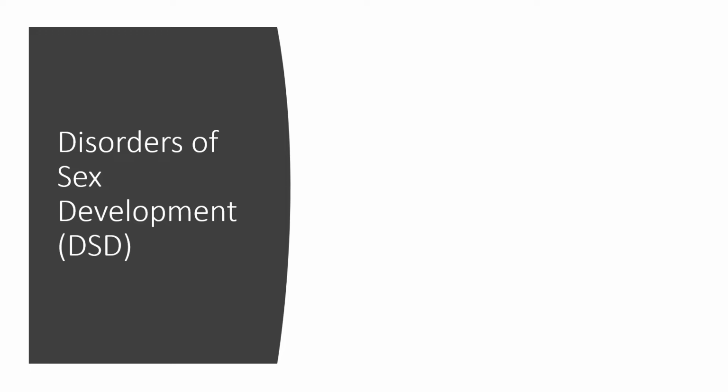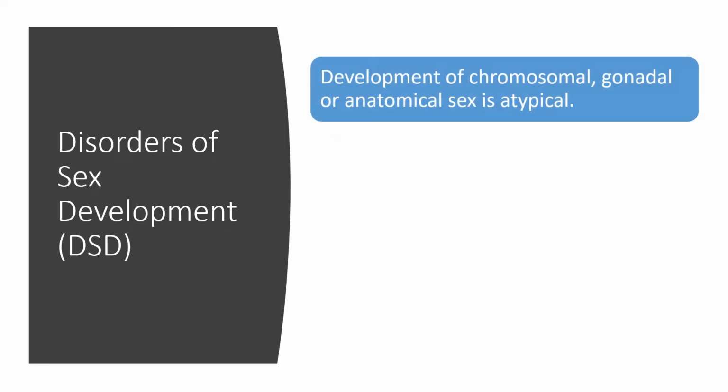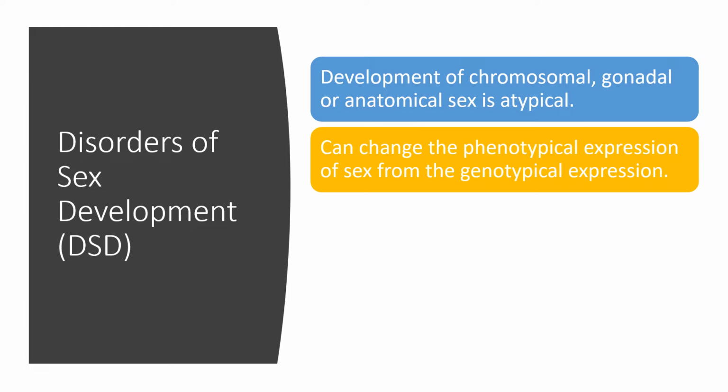Disorders of sex development are defined by congenital conditions in which development of chromosomal, gonadal, or anatomical sex is atypical. Disorders like this can change the phenotypical expression of sex from the genotypical expression.